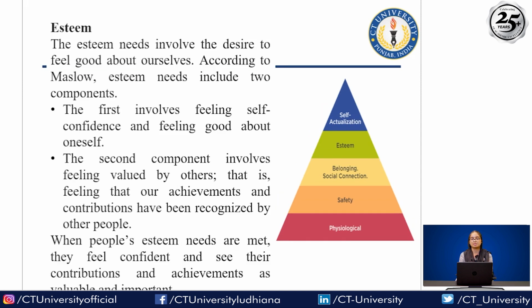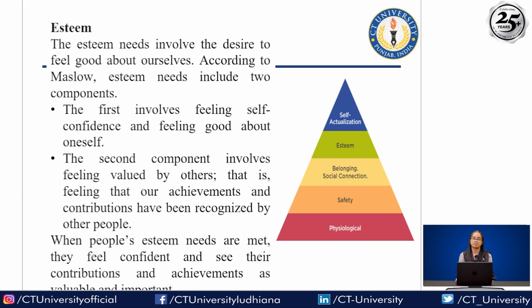Next is esteem needs. Esteem needs involve the desire to feel good about ourselves. This need can basically be divided into 2 categories. One is feeling self-confidence and feeling good about ourselves, that is for our own well-being. Another component involves feeling valued by others, that is feeling that our achievements and contributions have been recognized by others.